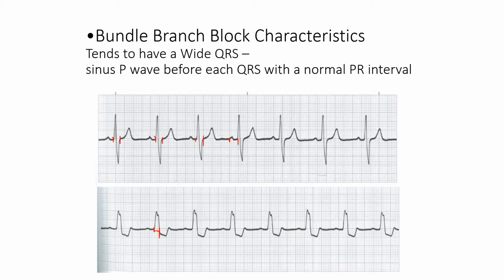And again, it's a bundle branch block. The bottom one is 9.3, and that heart rate is 68. Your PR interval looks like about 5 boxes, and your QRS is wide, about 3 to 3.5 boxes. A notched QRS is common to see in a bundle branch block, but again, it depends on what lead it is.